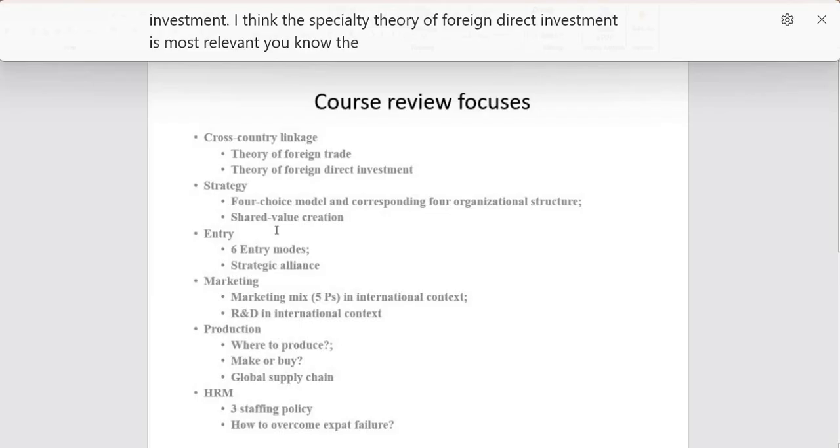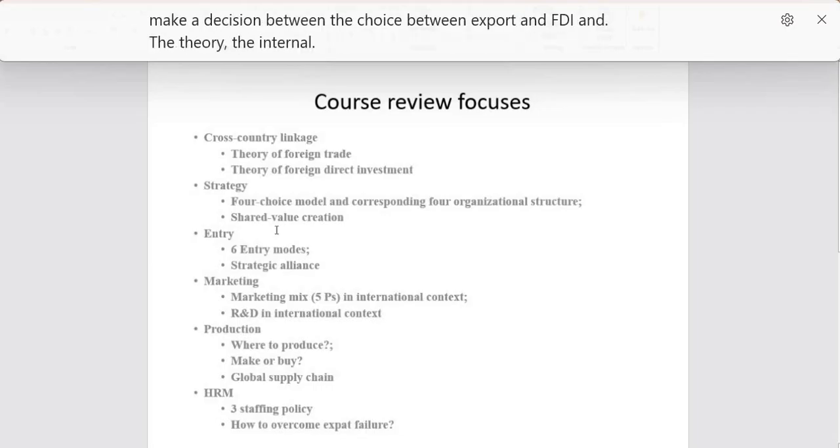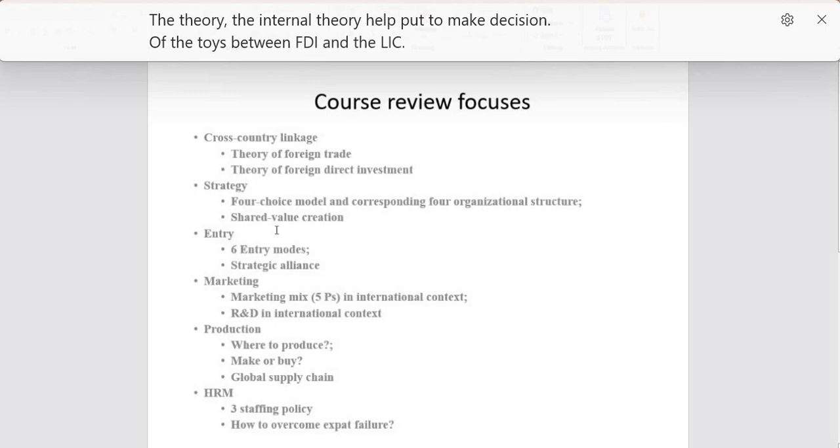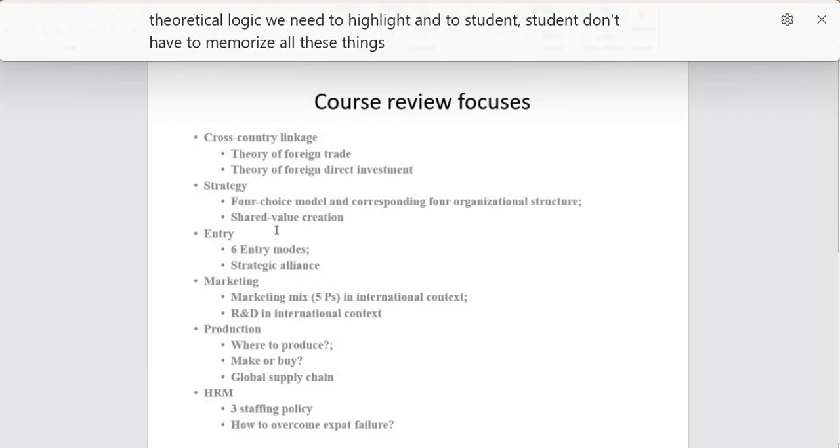The transaction cost theory helps to make a decision between export and FDI, and the internalization theory helps to make a decision between FDI and licensing. So that kind of theoretical logic we need to highlight to students. Students don't have to memorize all these things, but need to understand the logic here.